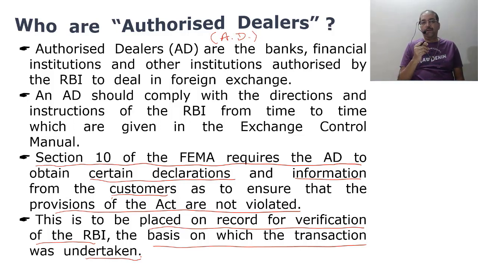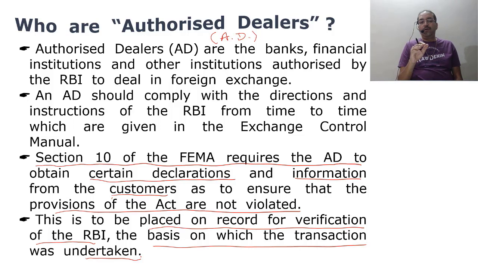What was the need? Did the customer require to purchase some raw materials? Therefore, he required the foreign currency. Was he importing certain machinery from outside? Was it a capital expenditure? So, like that, the purpose for which the foreign currency is demanded or for which the foreign currency has been received, that has to be declared by the customer to the authorized dealer.